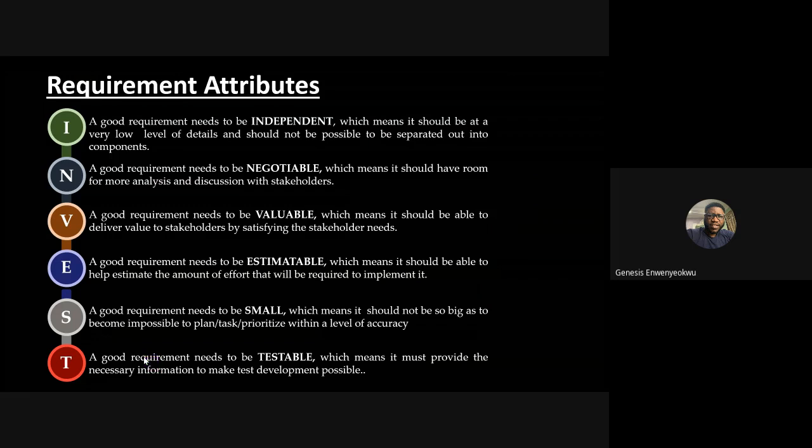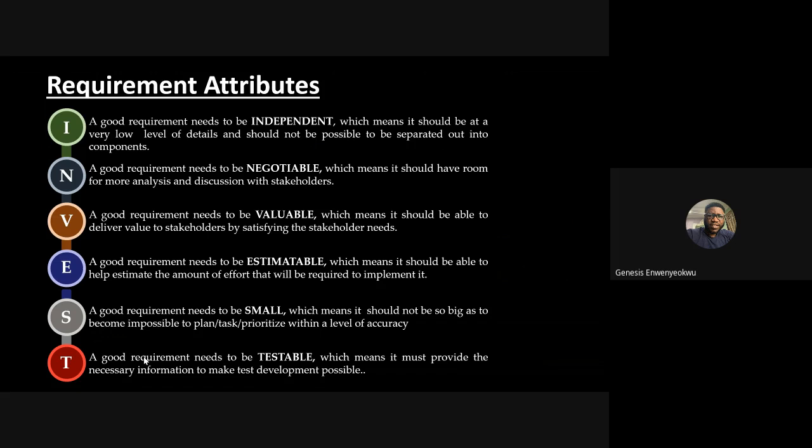And INVEST starts with letter I, which is independent, which means our requirements should be independent, at a very low level of detail, and should not be possible to be separated into components. It means when we write a user story it should be independent.